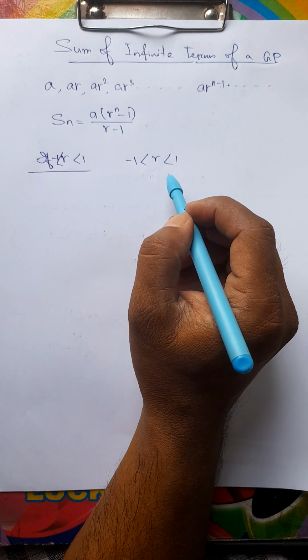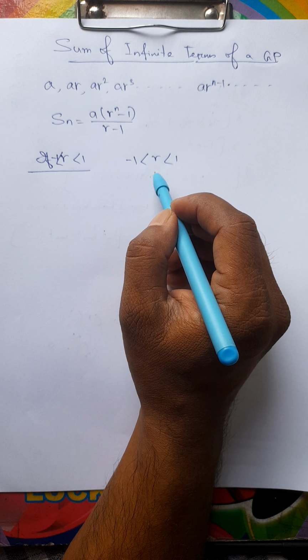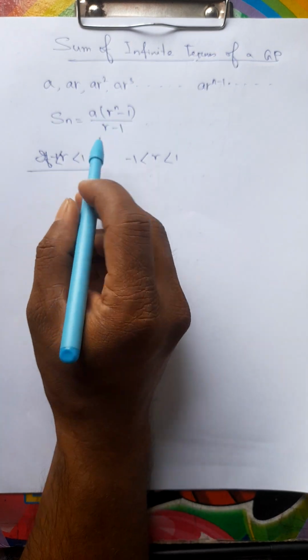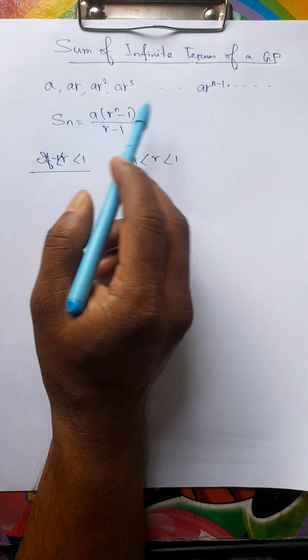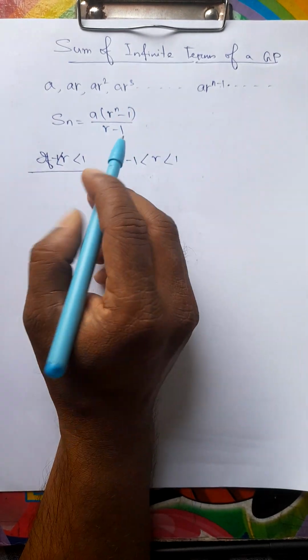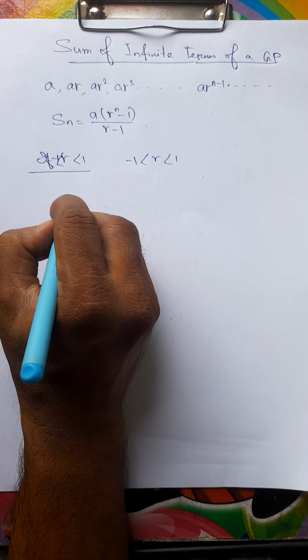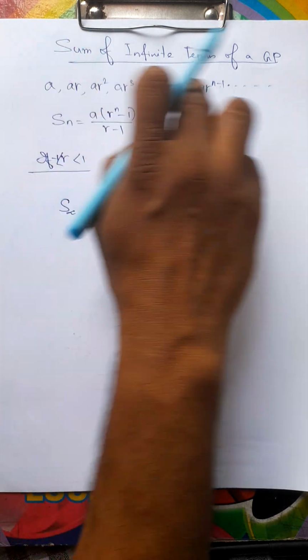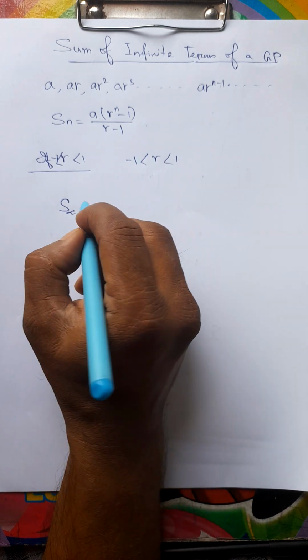That means r is a fraction, greater than minus 1 and less than 1. Then think about the sum of this series. If this series contains infinite numbers of terms, we will write it as S infinity. That means the sum of infinite number of terms of this series.